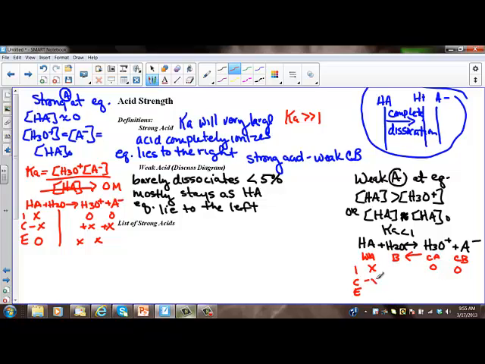We're going to use another variable. This is going to be minus y. This is going to be very, very little. This is going to be plus y. This is going to be plus y. So what we know is that at equilibrium, x minus y is approximately equal to x. There's nothing here because this was my water. And this is simply going to be y.